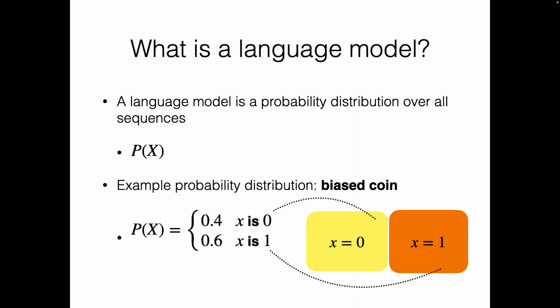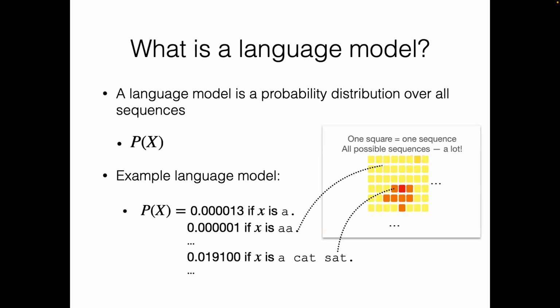Okay, and so you can think of a language model as doing that, except now you're considering this really large space of possible sequences. So your language model might give you some really small probability here for the sequence A period, maybe even smaller probability for AA period, maybe higher probability for a cat sad.